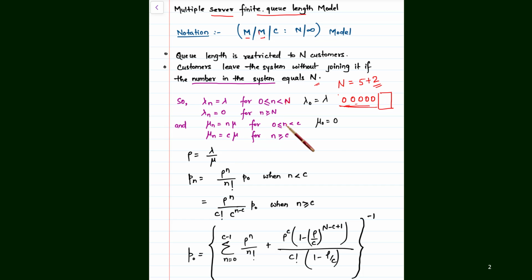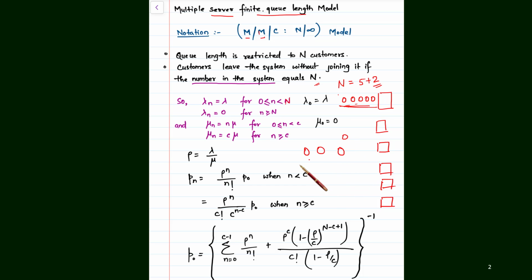So see, if there are 2 servers and in the system there are either 0 or 1 customers, less than 2, then the service rate will be mu times the number of customers. Just take this example: there are 5 servers, and there are 3 people.